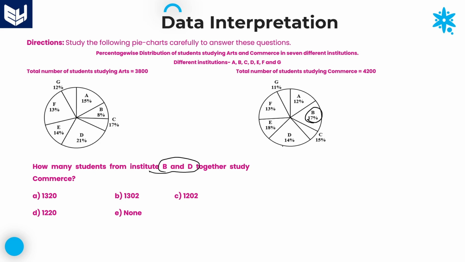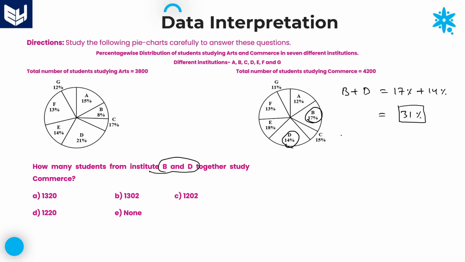B and D together means B plus D, which is equal to B value 17% and D value 14%. 17% plus 14%, how much is it? Here it is 31%. B plus D together is 31%.